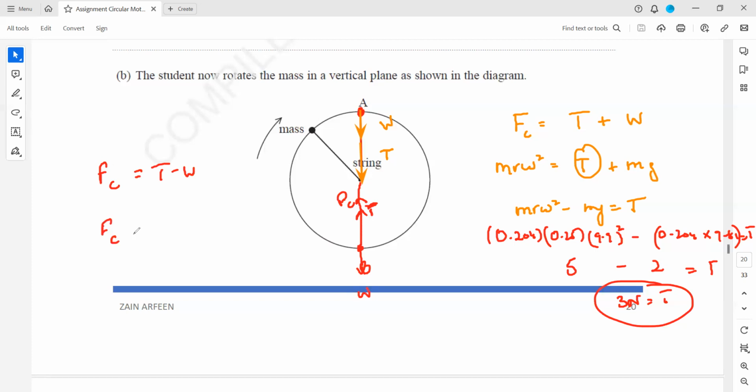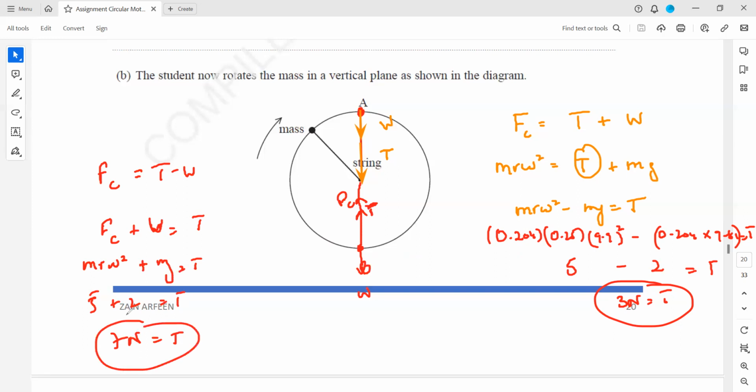So in that case, the centripetal force plus the weight is equal to the tension. The centripetal force m r omega squared was there, and this is the weight, which is m g. So this was 5 plus 2. In that case, the tension will be 7 newtons. So 7 newtons is the tension when it is on the opposite side.